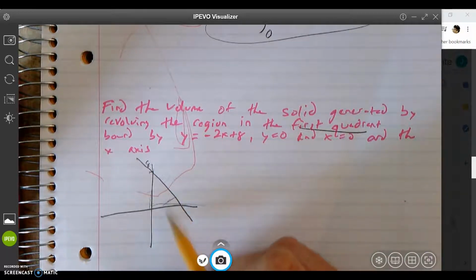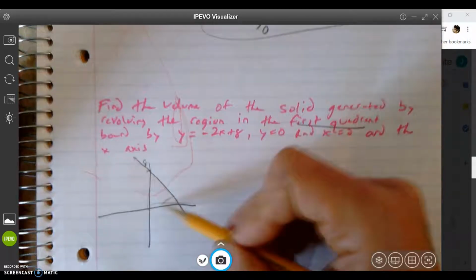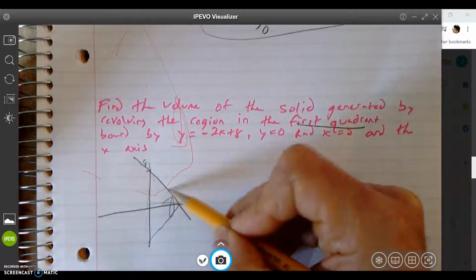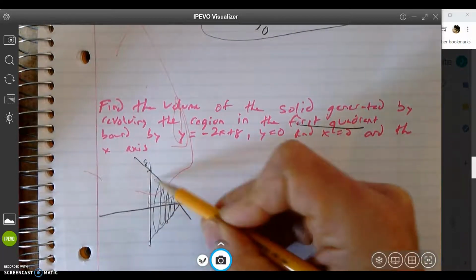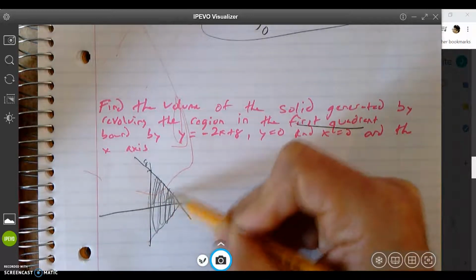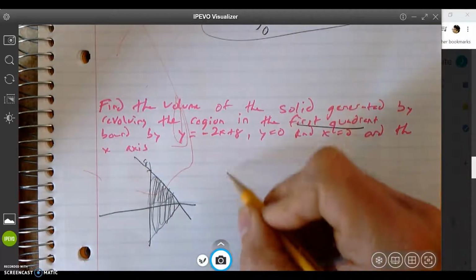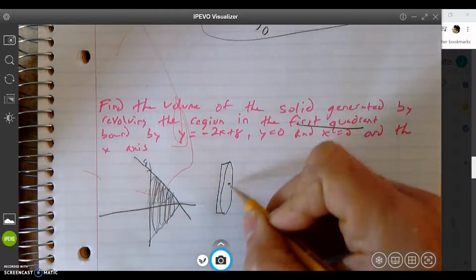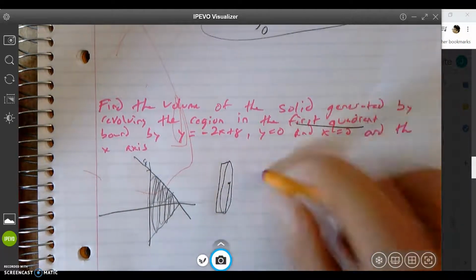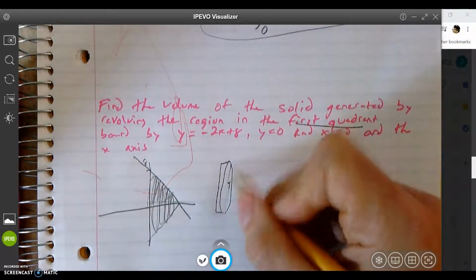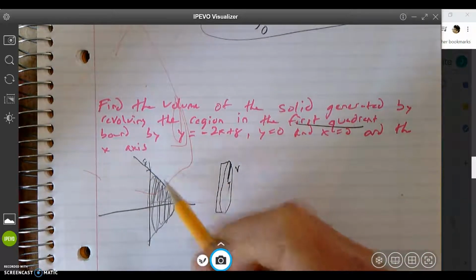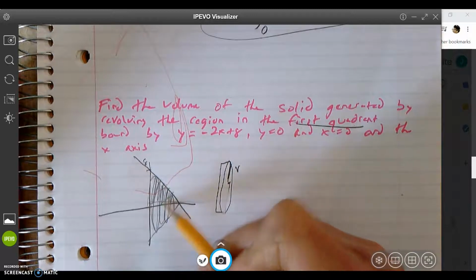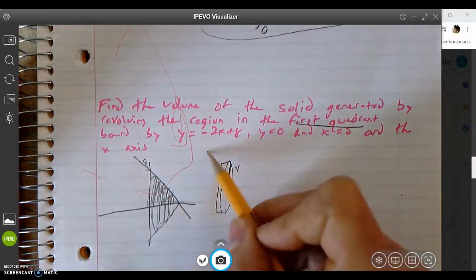So we're revolving it around the x-axis, and it's this region that's being revolved. Let's get a nice little slice right here. This part is your radius. It's just top minus bottom, or in this case, just the area under this line.